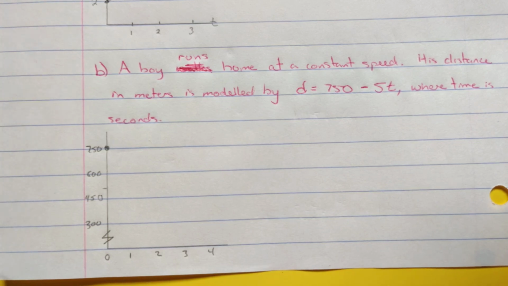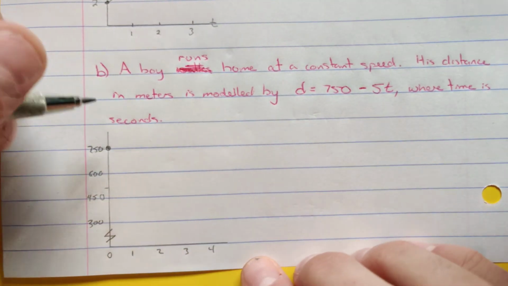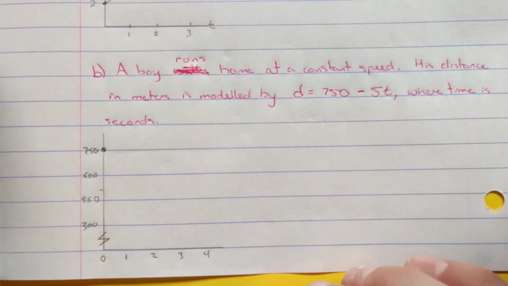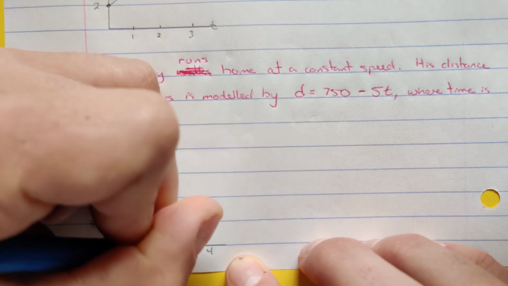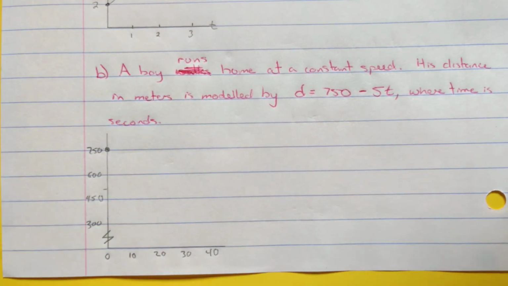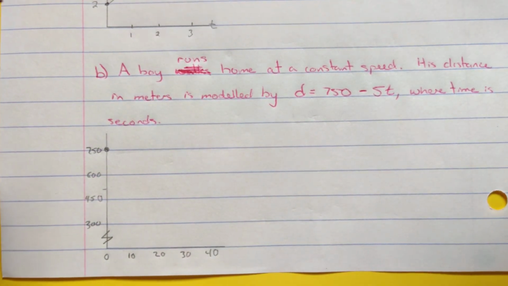And maybe we'll even change the time here then. Let's change that scale because we're only going to go down to 730. Let's go by tens. So that looks a little bit better. We'll probably move quicker down now.